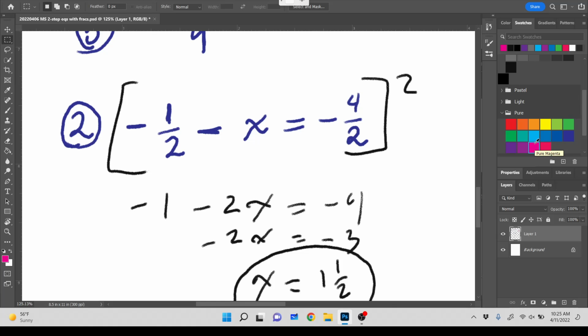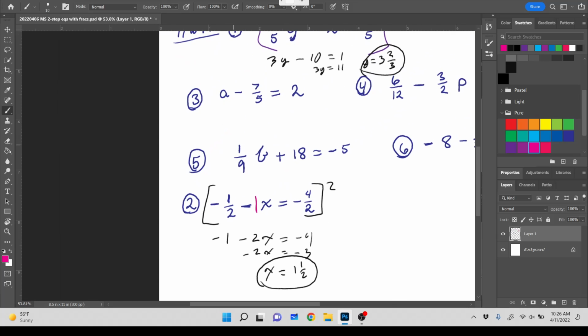Remember that if there's not a number here, there's a hidden 1 here. So it's 2 times -1, which is -2. That's why that ends up being that way. There's always a 1. If there's not another number, then it's always a 1. That's 100% right. Absolutely.